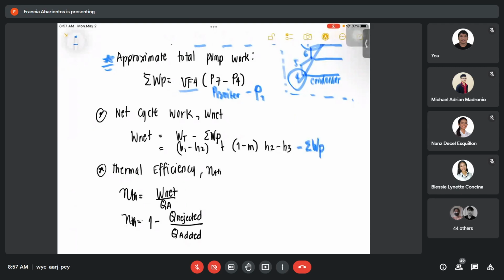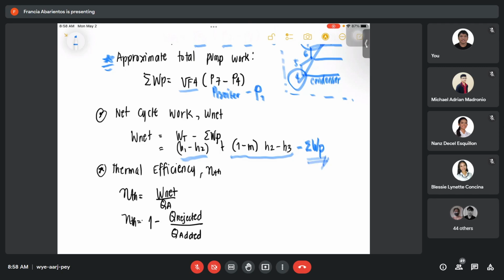Class pakitingnan na dun sa PDF na nasend ko. May kulang. So, this is work net. Ito yung ginamit na equation natin: from the work of the turbine, H1 minus H2 plus the (1 minus m)(H2 minus H3), minus the summation or the approximate total pump work. Kulang to class dun sa nabigay ko.